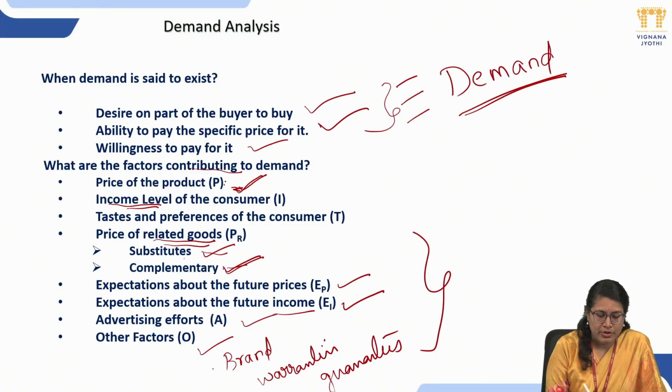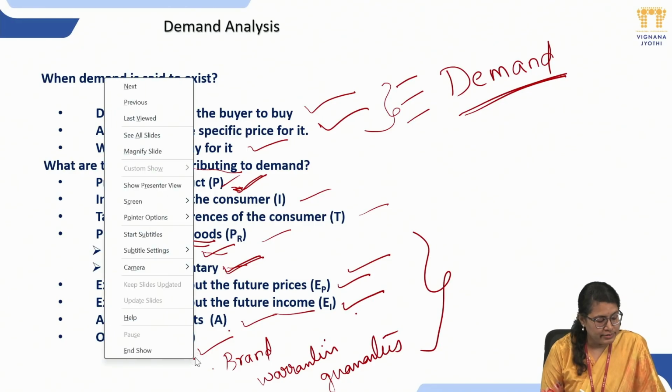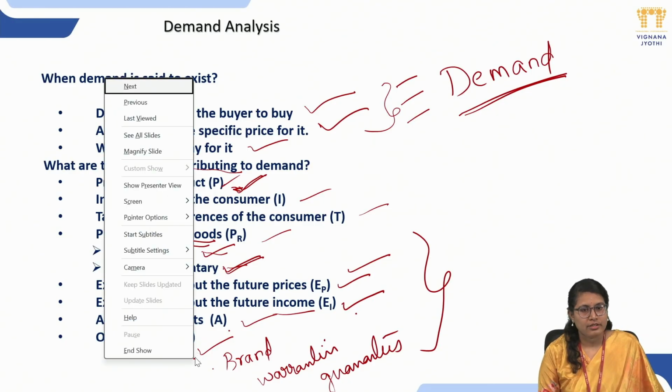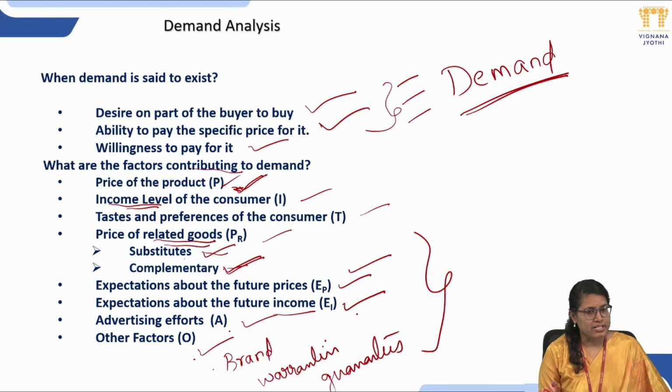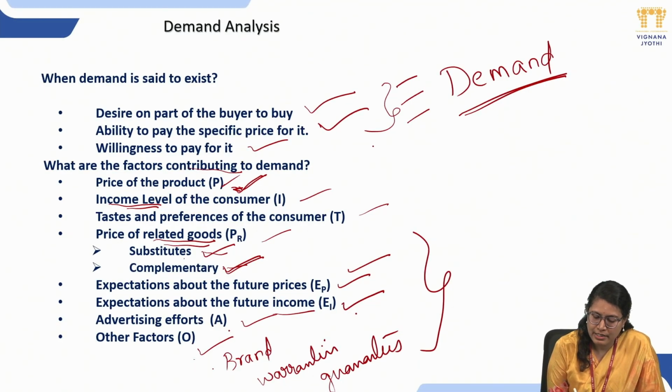Suppose the price of the product is indicated by P, income I, tastes and preferences T, the price of the related goods PR, expectations about the future price EP, expectations about the future income EI, advertising A, and other factors O. Then if you want to write a mathematical expression on this, we can write a mathematical expression like this, and that mathematical expression will be called the demand function.